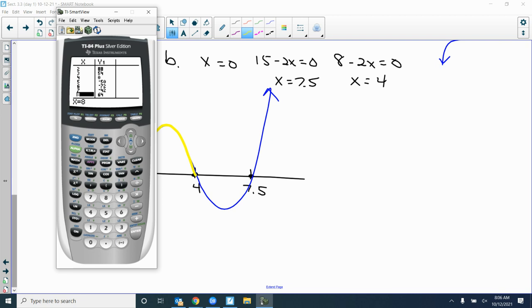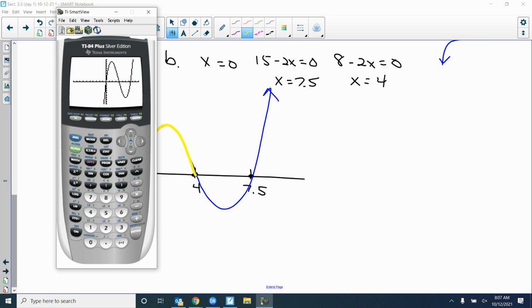So I'm just going to go up to 100 and down to negative 100, just to see everything. So the window, y from negative 100 to 100. I'm going to make that 10. And we'll hit graph. Now it looks like what we got there. Now you see the shape of it.